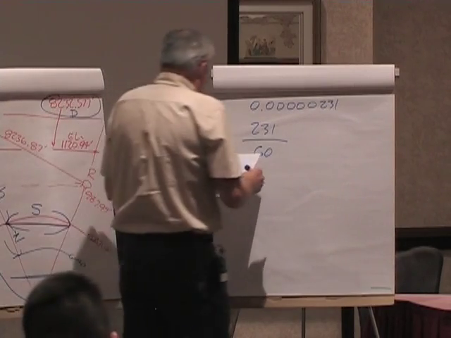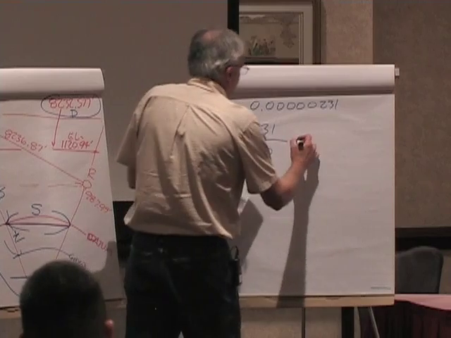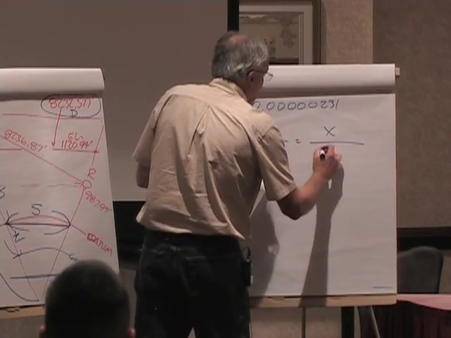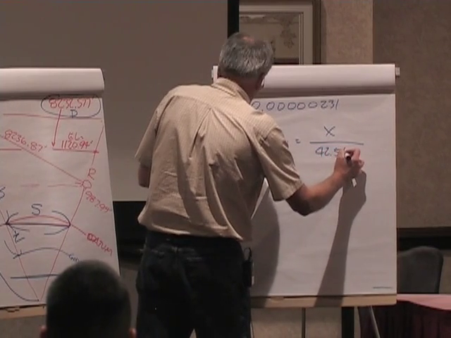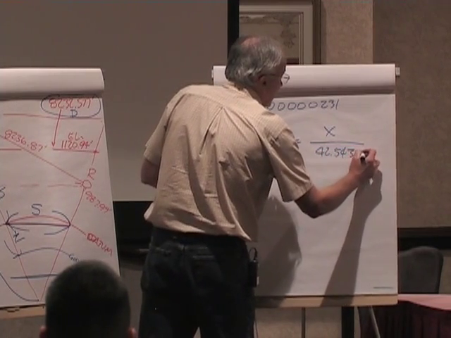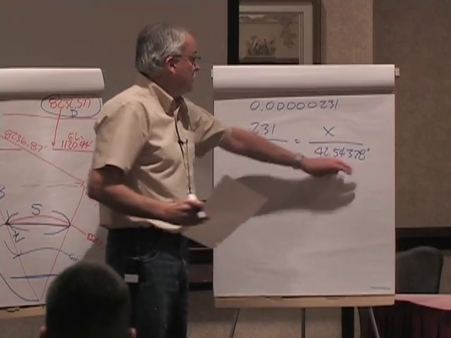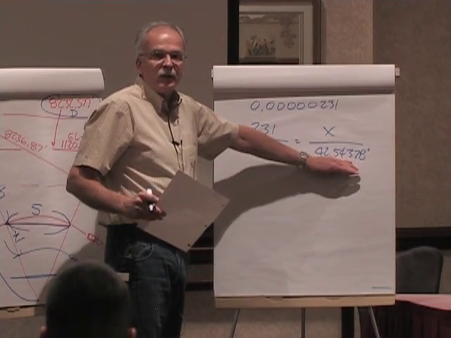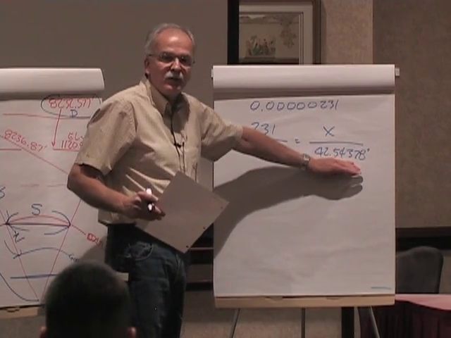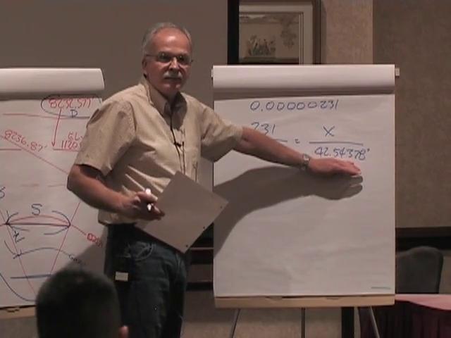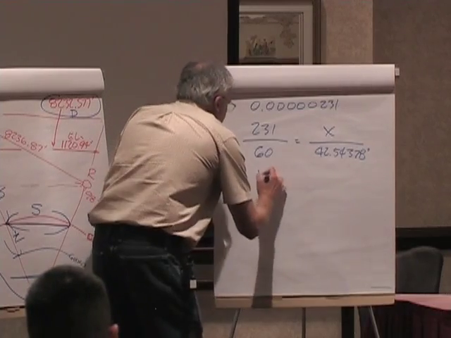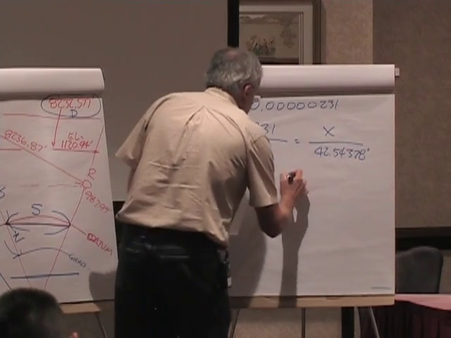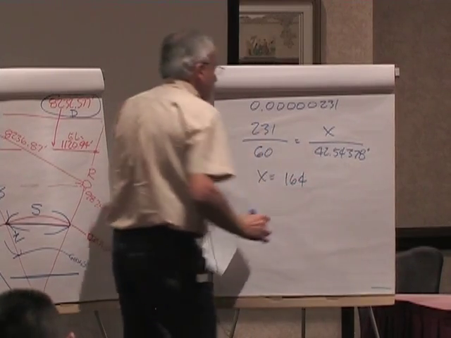Okay? And X, we need to know how much it's going to change at 42.54378 seconds, which is the number of seconds in the latitude of Point Bernardino. And if you go through and do all the math, x ends up equaling 164.